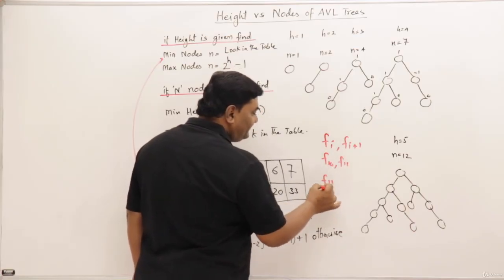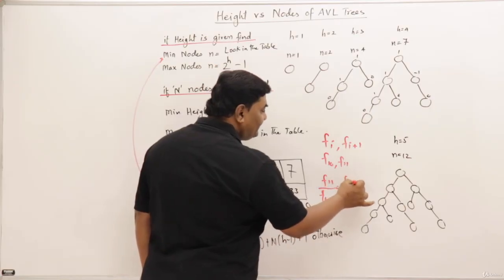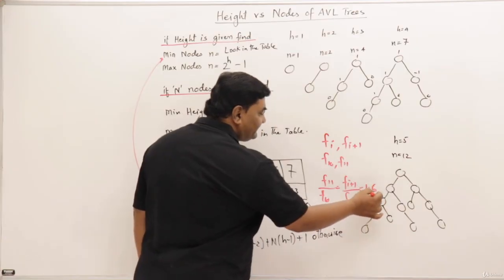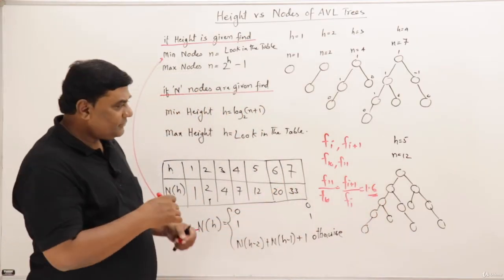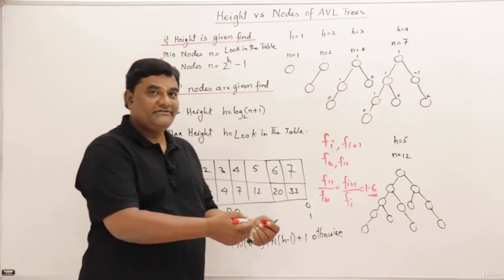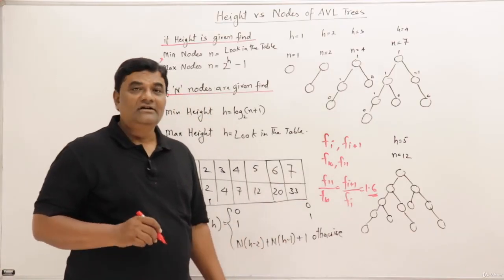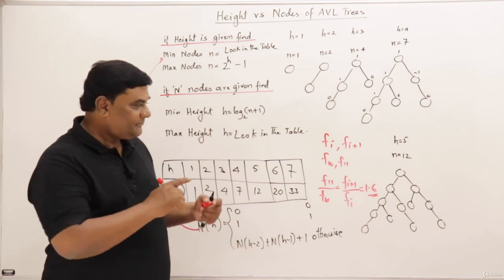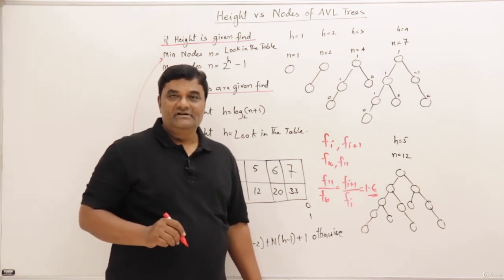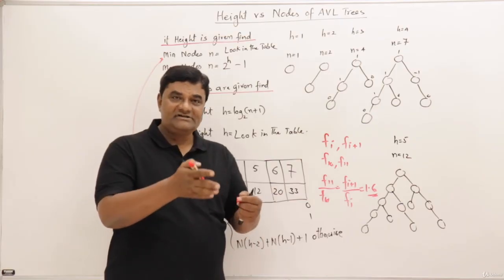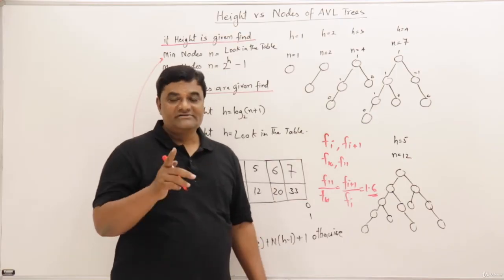Then F11 by F10, or Fi plus 1 by Fi, if you do, the ratio will be 1.6. Approximately, not exactly. It may be 1.59, it may be 1.57 also. You should accept it as 1.6, or it may be 1.6162 also. Approximately 1.6. So any two consecutive numbers, if you take the ratio, it is 1.6.